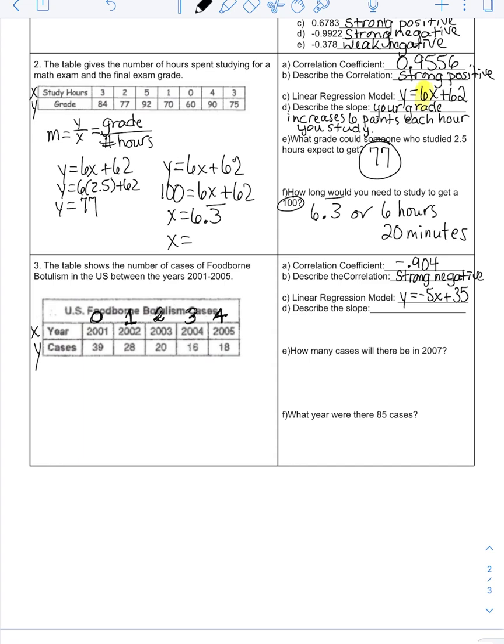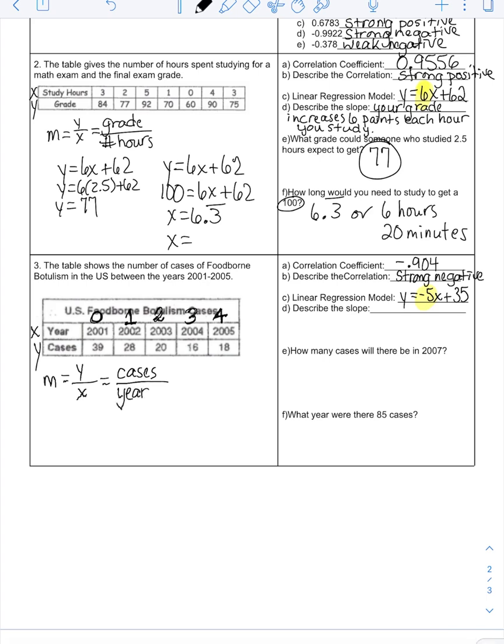Now let's take a look at our equation or linear regression model. We're going to use that to describe the slope. Well, we know the slope is -5, right? But what does that mean? Once again, we know slope is the y's over the x's, rise over run. Y in this case is the number of cases, and x is the year.